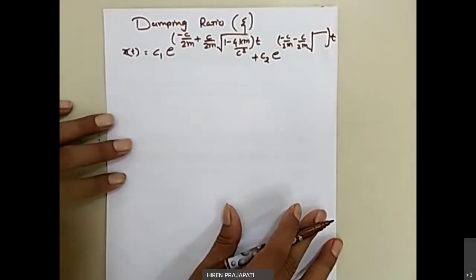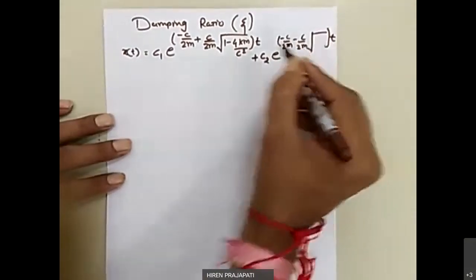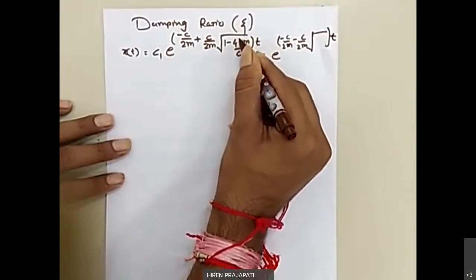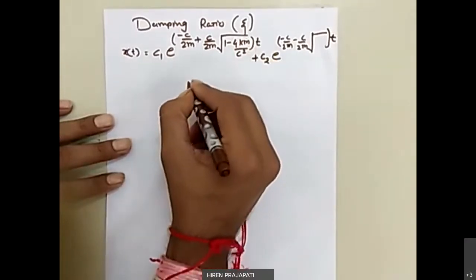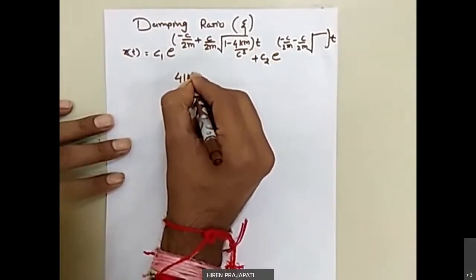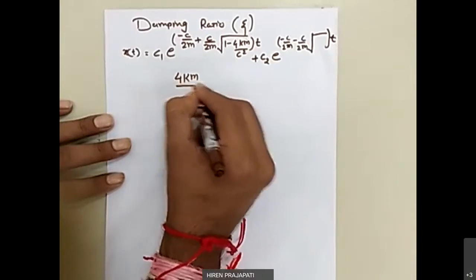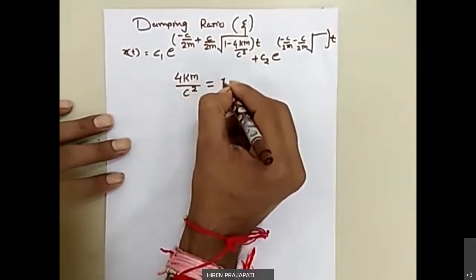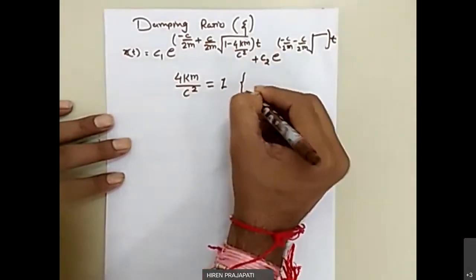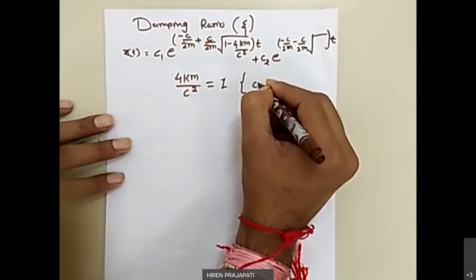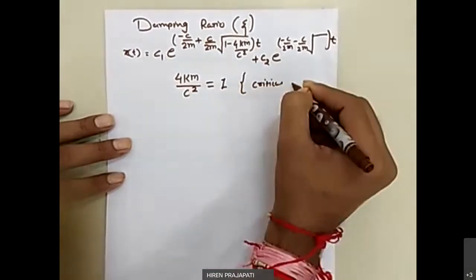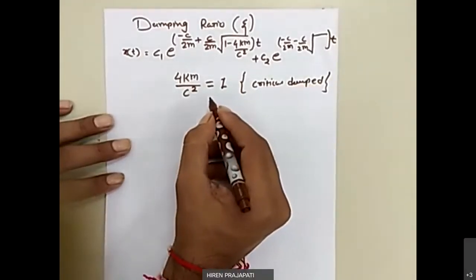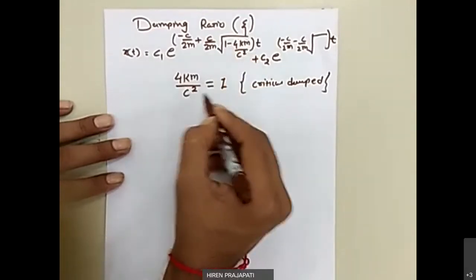Now if we consider this term, 4 km by c square, which is under the square root, equals 1, then this type of system is called a critical damped system, where this value is equal to 1.